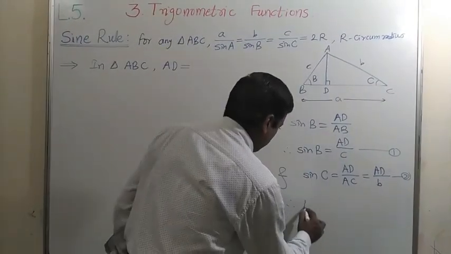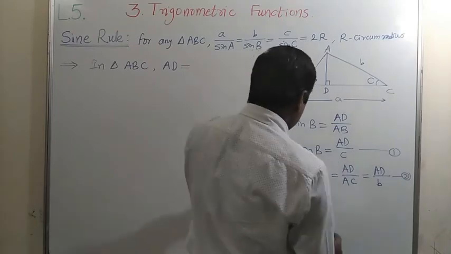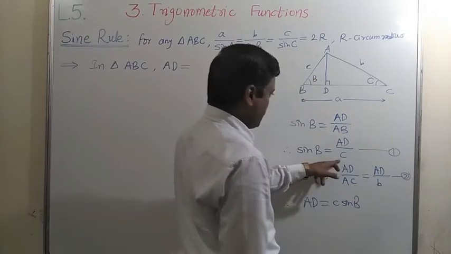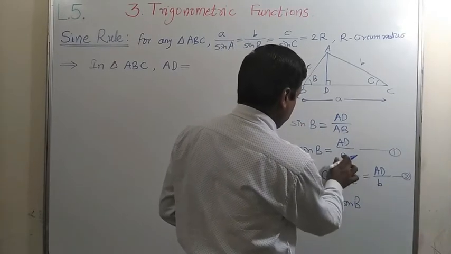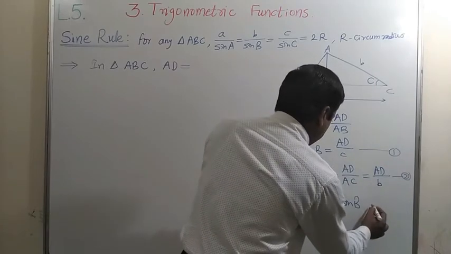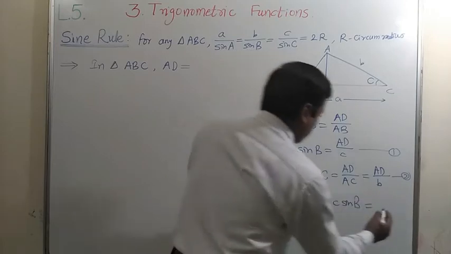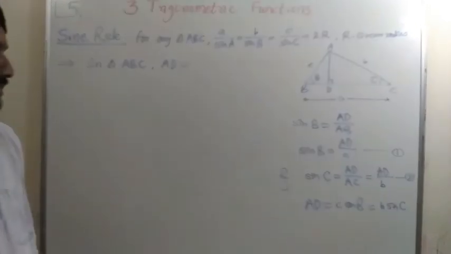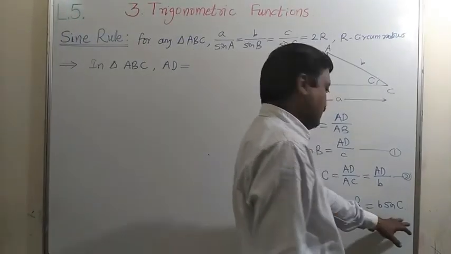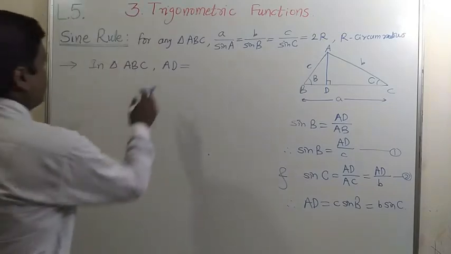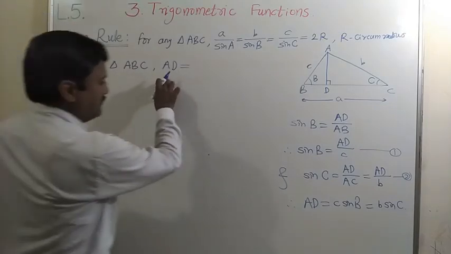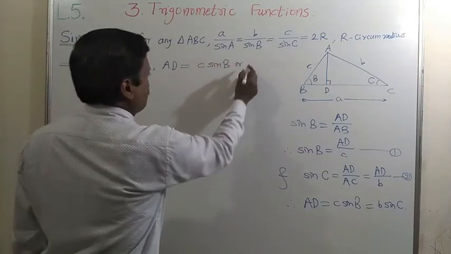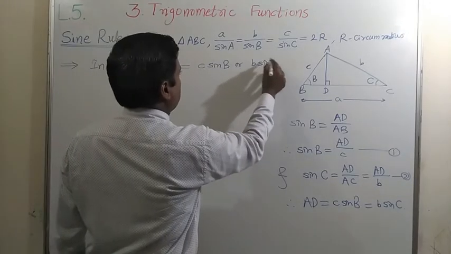So AD is equal to c sin B, where c is the small c side, or it is equal to b sin C, small b sin C. So this height AD is equal to c sin B or b sin C. We can take any one of them. Let us write AD is equal to c sin B, or it is b sin C.